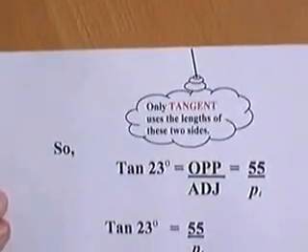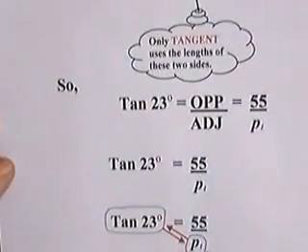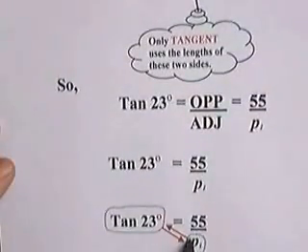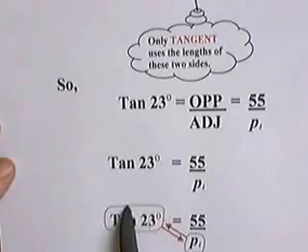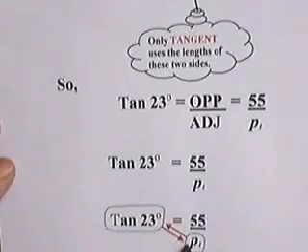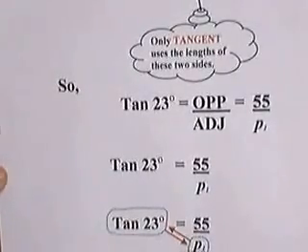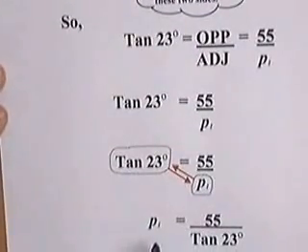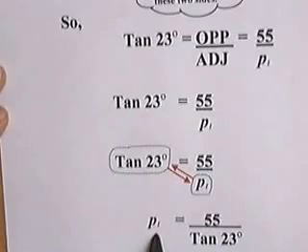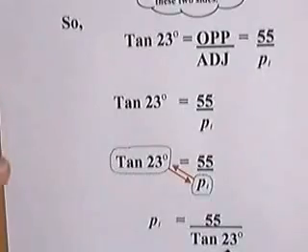But if you use cross multiplication, you can do this. You can multiply the P1 up to the top over on this left hand side, and you can take what's on the top of this left hand side down underneath the 55. It's called cross multiplication. So the equation can immediately be rewritten using P1 as its subject as 55 divided by the tan of 23 degrees.